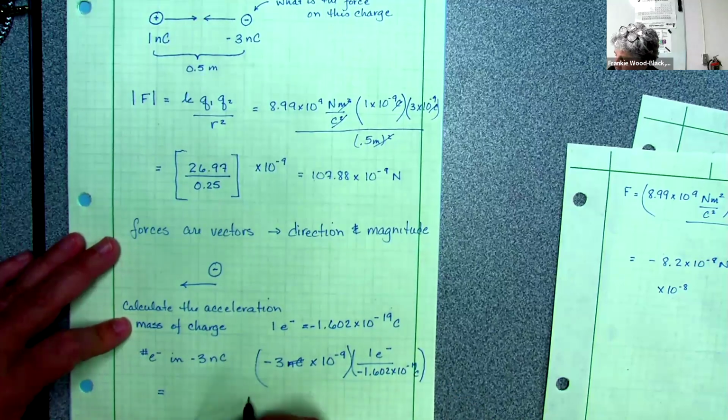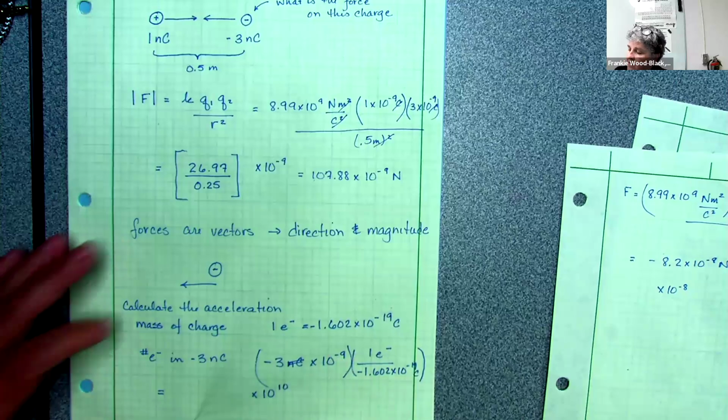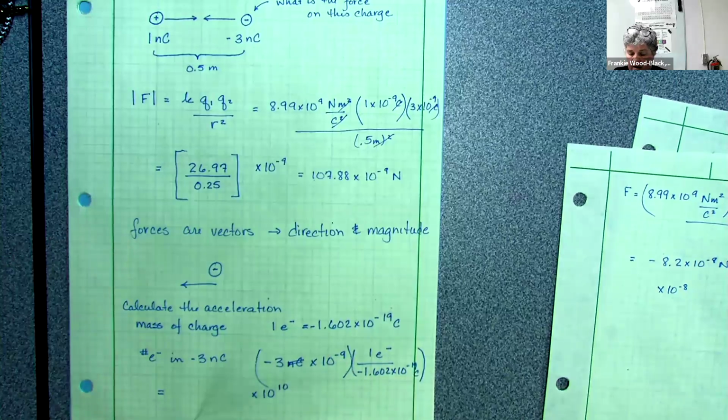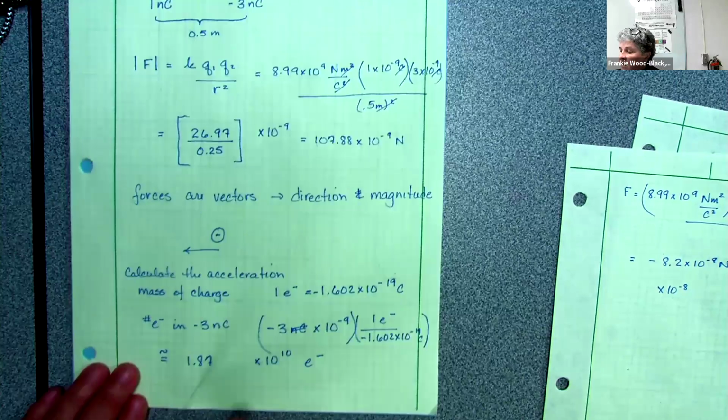I'm going to have times 10 to the 10 on top. Right? Because this becomes a positive. That gives me 10 to the 10. So I'm going to take my 3 divided by 1.602. And I'm going to end up with approximately 1.87 times 10 to the 10th electrons. So I've calculated the number of electrons.